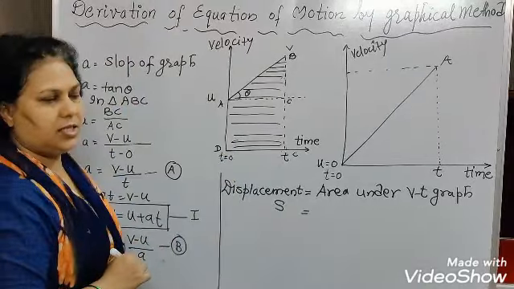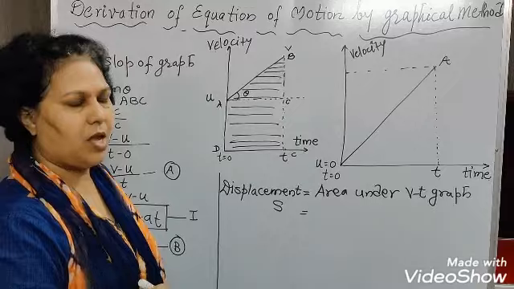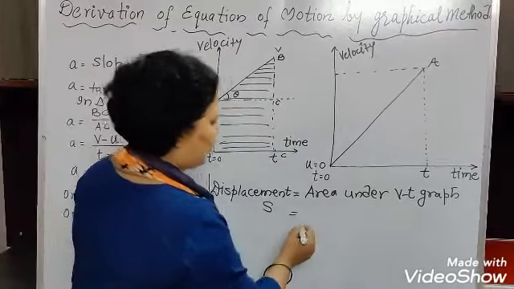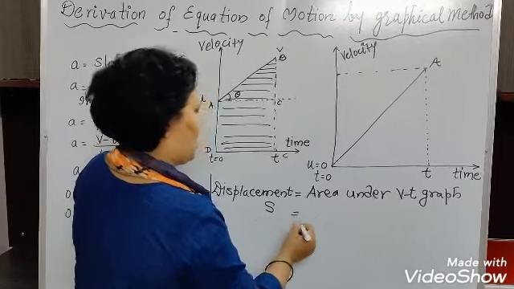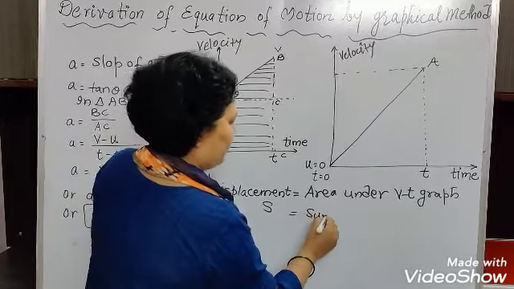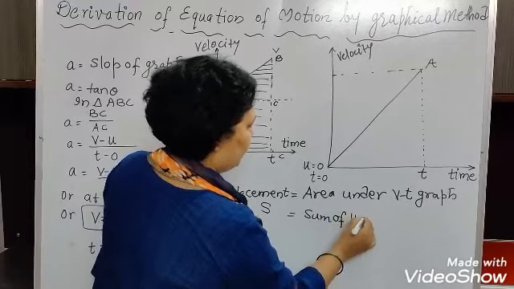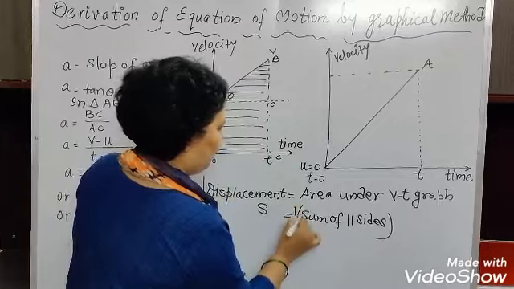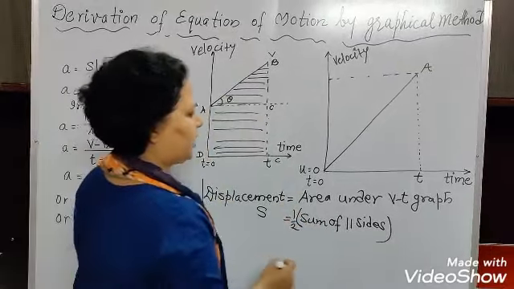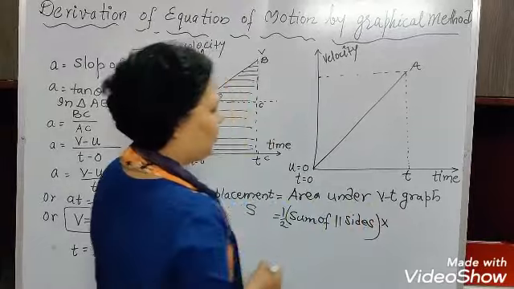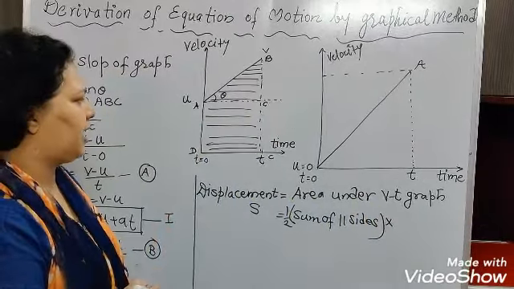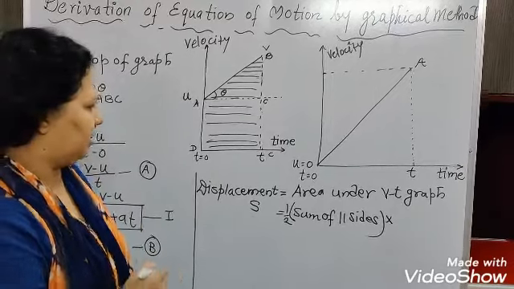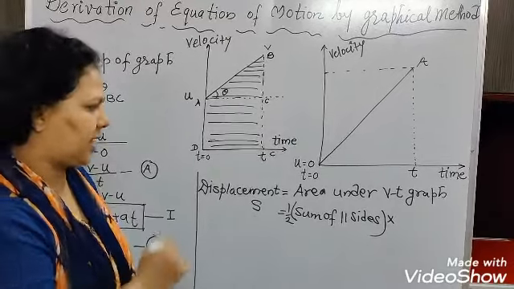This figure is a trapezium, and we know that the area of a trapezium is equal to half into the sum of parallel sides multiplied by the altitude, or simply the perpendicular distance between the two parallel sides.